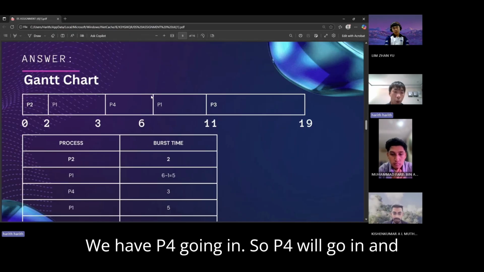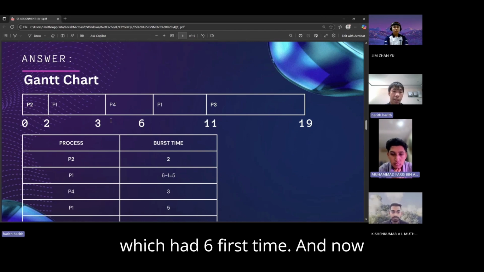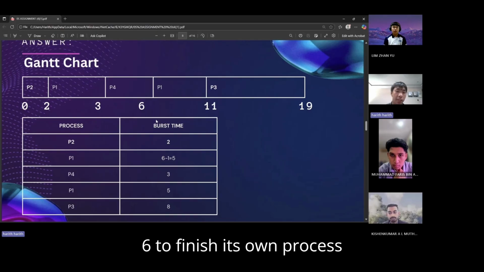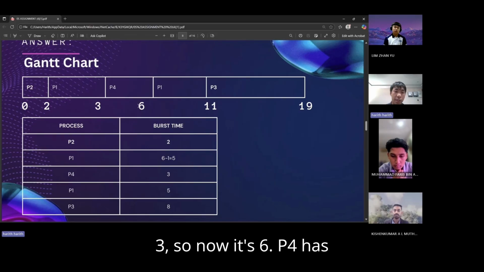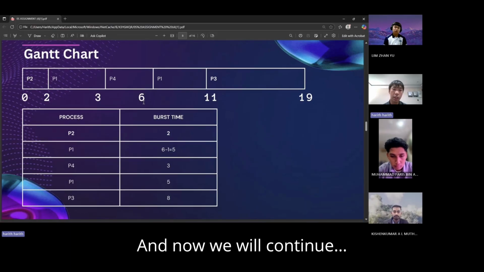So P4 will go in and preempt P1, which had 6 burst time. And now P4 from 3 will go to 6 to finish its own job. So now it's 6. P4 has completely finished the job. And now we will continue with P1.